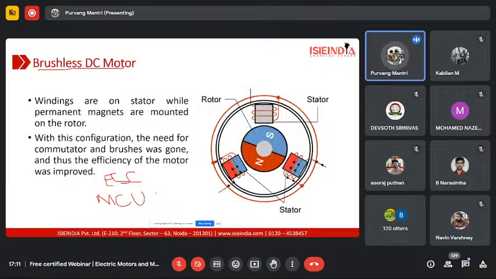The inverter is used for inverting the DC current into a sort of AC current. It's not a proper AC current, because for each winding, the motor controller would switch on the winding for a certain period of time, turn it off, and then reverse the polarity of the winding so that the polarity of the magnetic field changes. That's how it creates a sort of AC current.